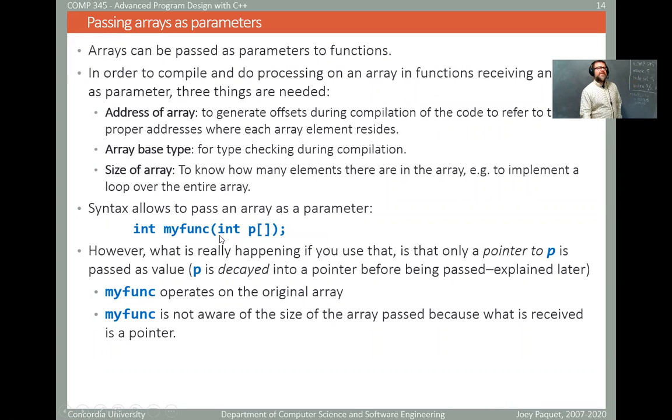So if you want to pass an array as a parameter to a function, this is the syntax you would have to use. You don't have to specify the size of this array, because the compiler does not need to know the actual size of the array in order to compute the offsets.